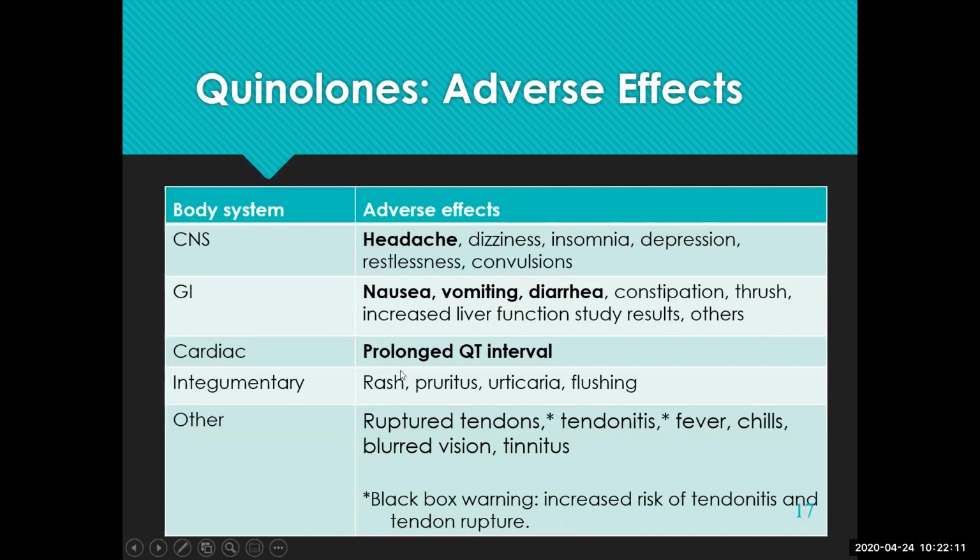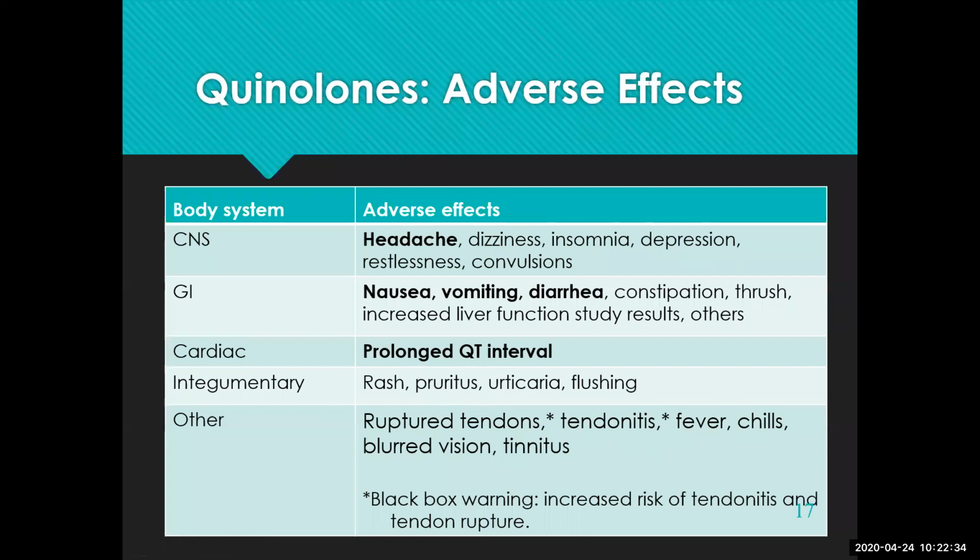The other really big thing with our quinolones that I want you to know about is ruptured tendons or tendinitis. This is a big risk, with levofloxacin really being implicated. I guess cipro has too, but we need to teach our patients that any tendinitis symptoms need to be reported, and that's upper extremity or lower extremity.